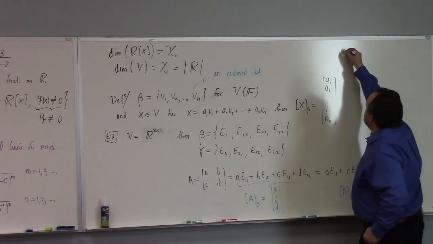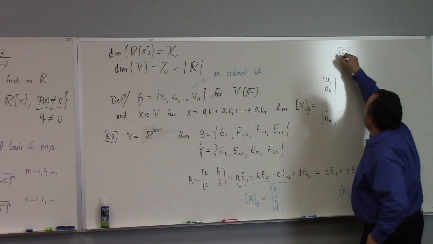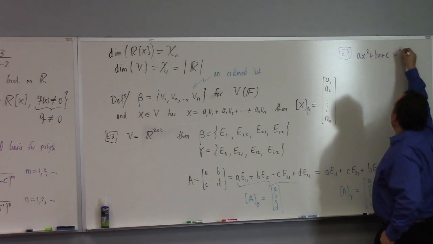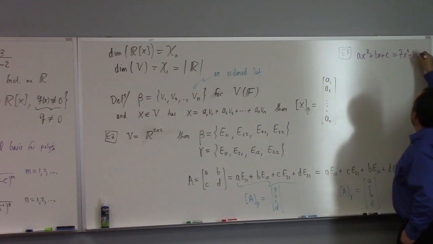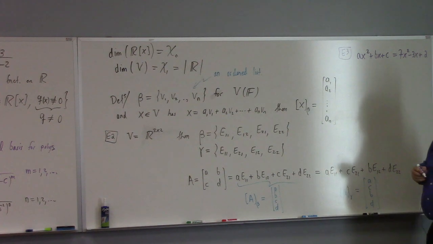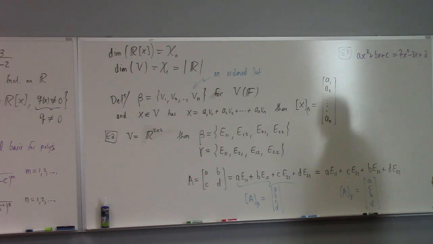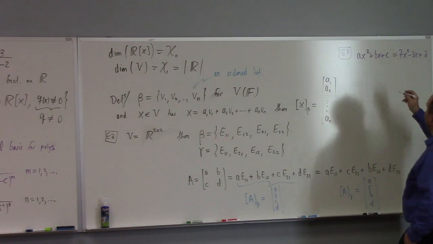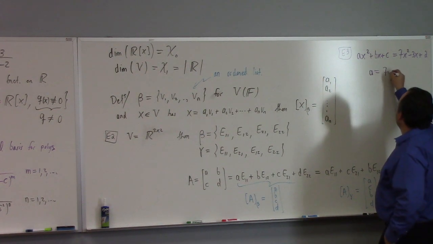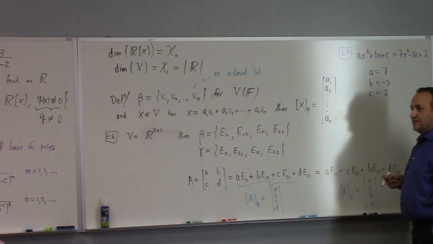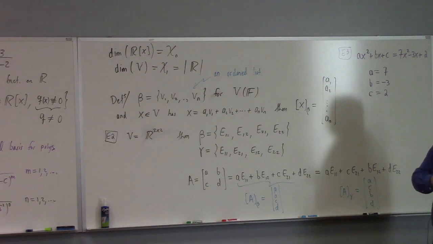Here's an example. Ax squared plus bx plus c is 7x squared minus 3x plus 2. This has been with you since maybe freshman year, high school? I don't know, when did you learn this? So what can you tell me about A, B, and C? 7, -3, and 2. Right, what are you using? Linear independence of the monomial basis.